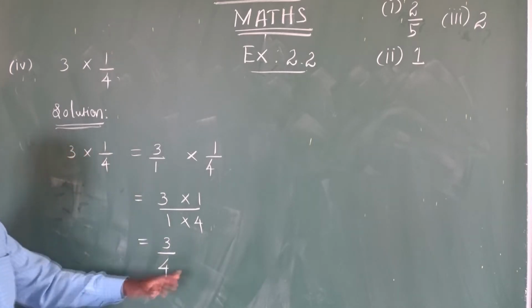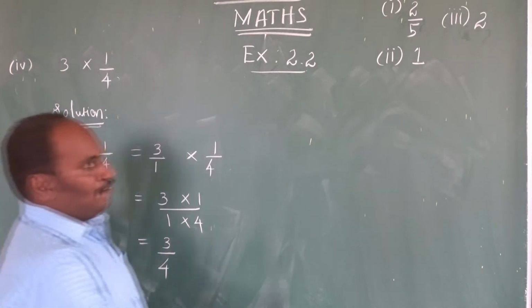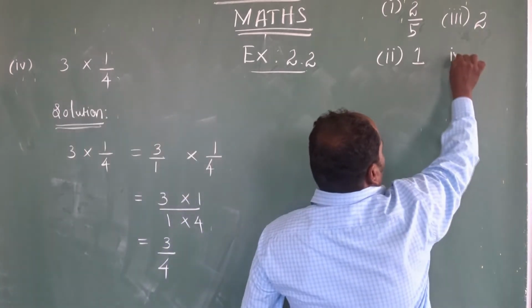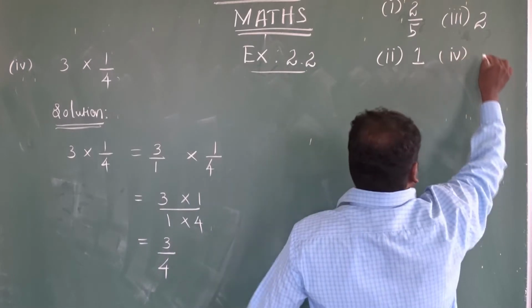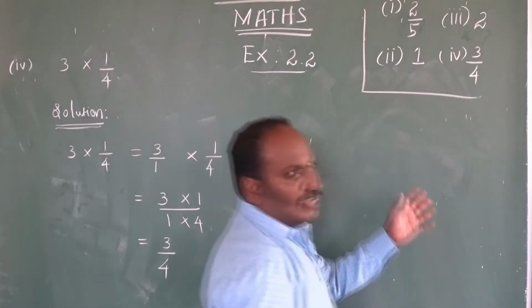So our answer is 3 by 4. 3 into 1 by 4 is equal to 3 by 4. Our fourth answer is 3 by 4.